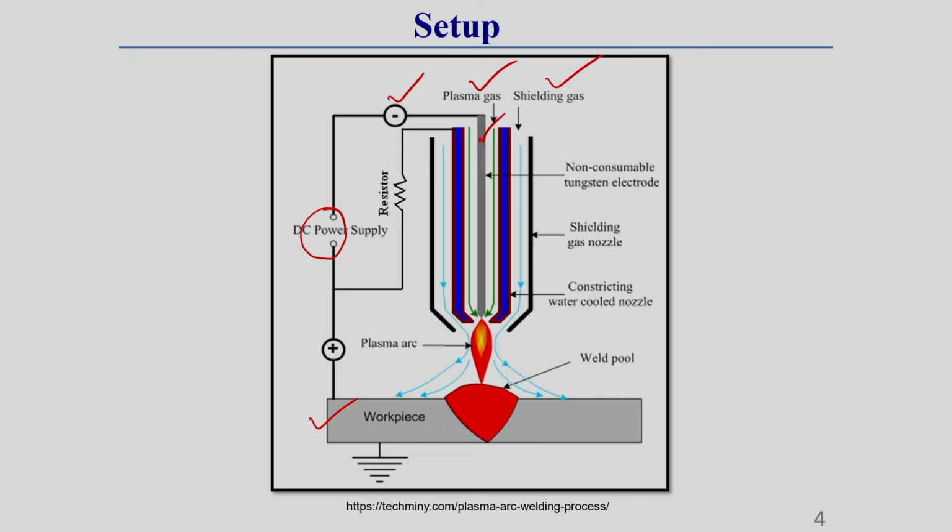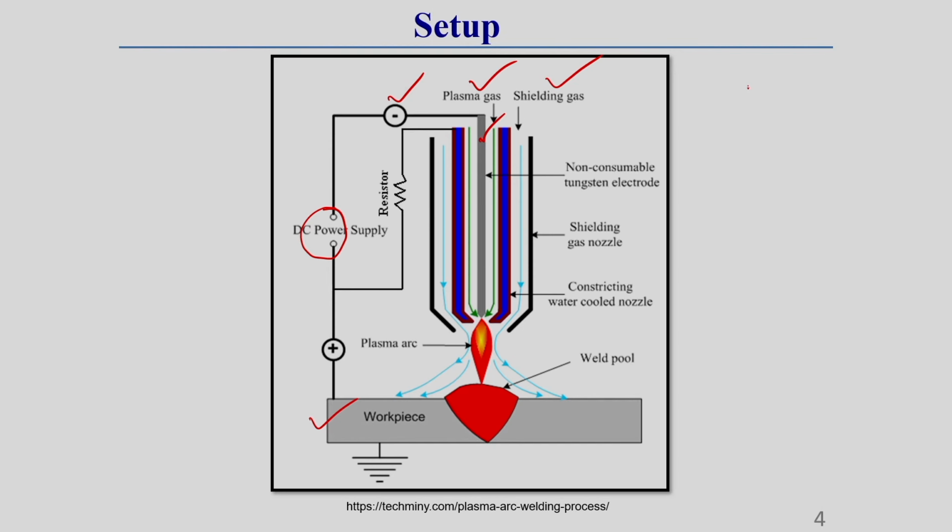Once we use electrode negative polarity, the electrons come out from this negative electrode and move towards the workpiece. Because with negative polarity, the chance of heat generation in the electrode will be less.